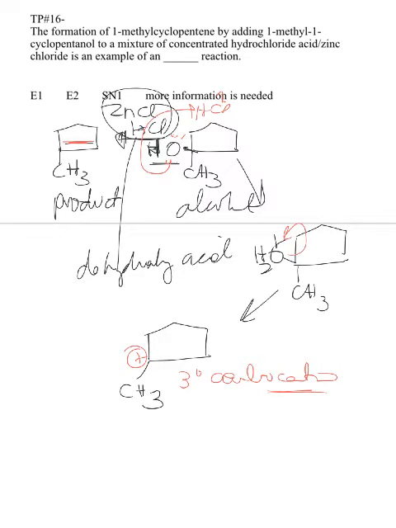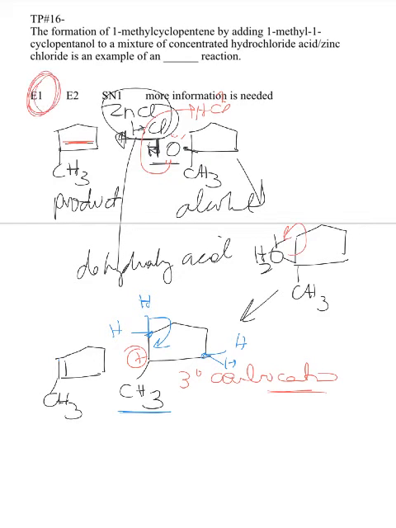So you can take a hydrogen, doesn't matter if it comes from this carbon or this adjacent carbon. It's not coming from here because that would give us a less substituted product, and so then you lose this hydrogen, and it forms the product. And so that would be an E1 reaction.